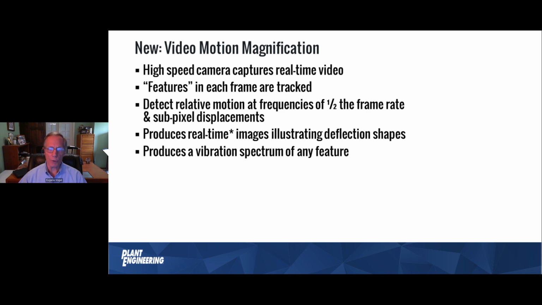And it'll actually produce a real-time image. They take the video, which just looks like a machine standing still, and they'll amplify these features that they've picked out and make it appear to have motion that is a representation of the vibratory motion that actually exists. And they can do vibration spectrum from it also.